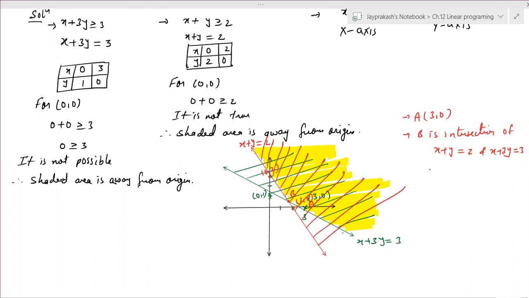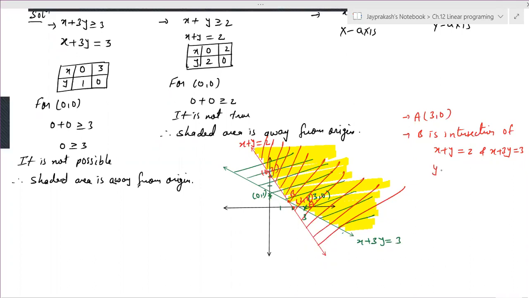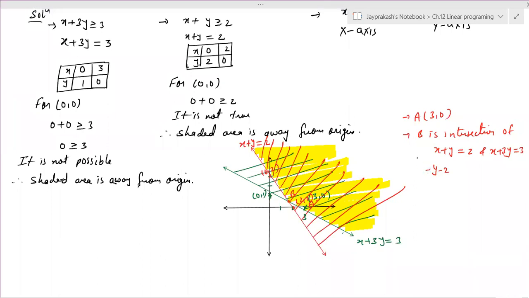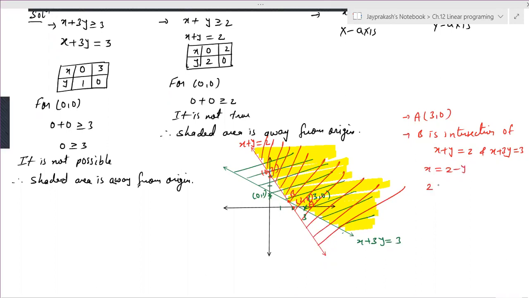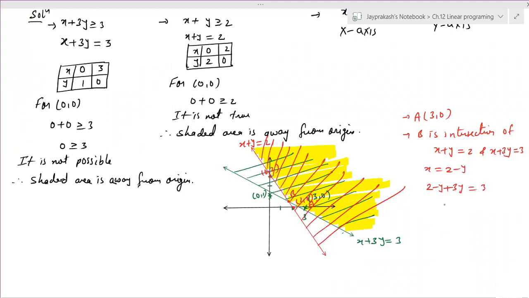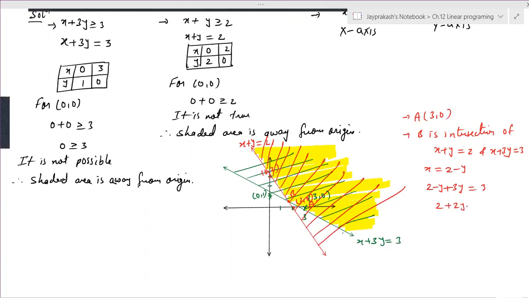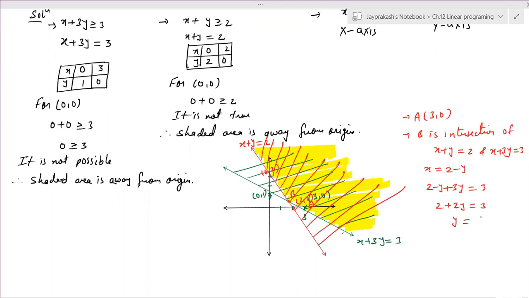So from equation 1, we can simply write x equals to 2 minus y. Now using it in the second equation, it becomes 2 plus 2y equals 3. So y is equals to 1 by 2.